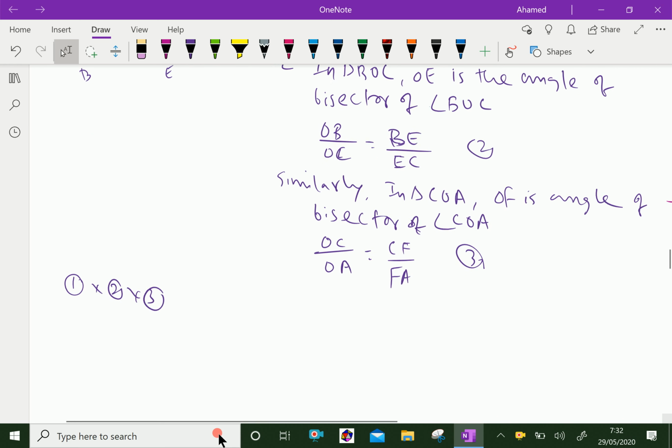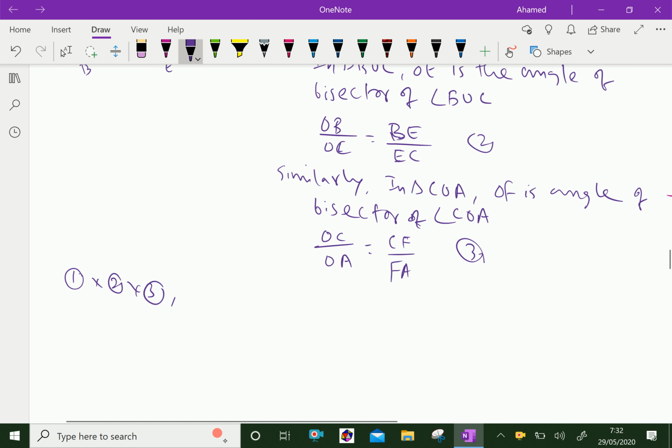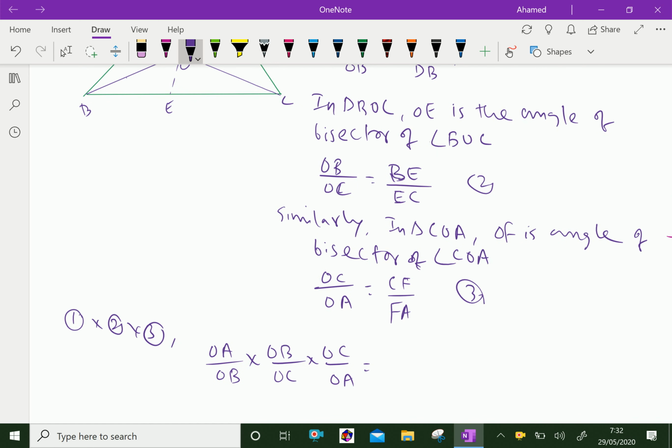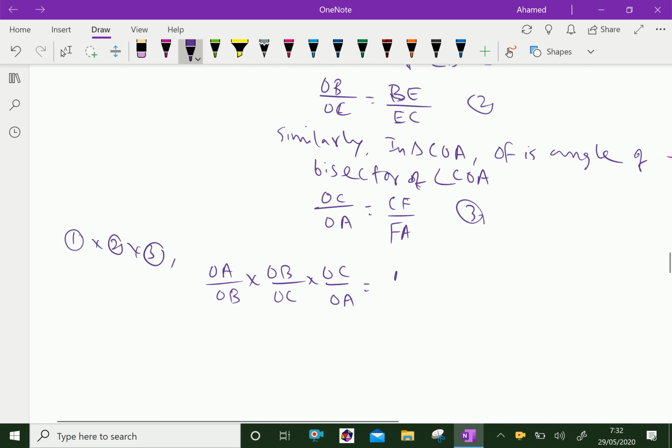Multiplying 1, 2 and 3, we get OA by OB into OB by OC into OC by OA equals the right side of each, that is AD by DB into BE by EC into CF by FA.